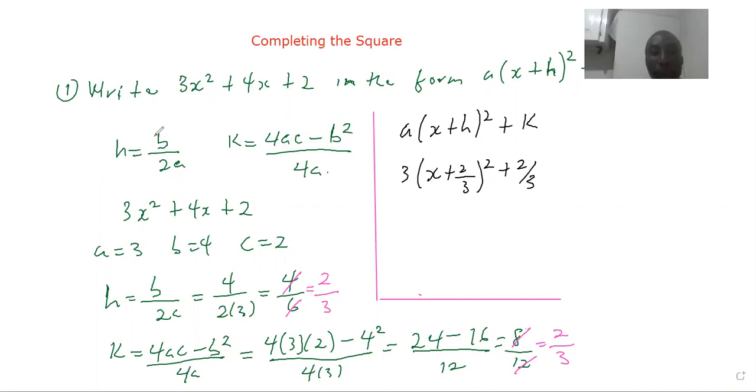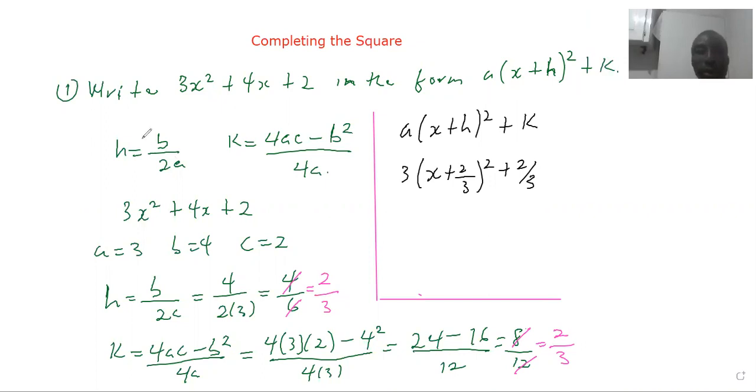Let's recap. The first thing, we are given 3x squared plus 4x plus 2. We're supposed to write it in the form a(x plus h) squared plus k. The formula for h is b over 2a. The formula for k is 4ac minus b squared over 4a.